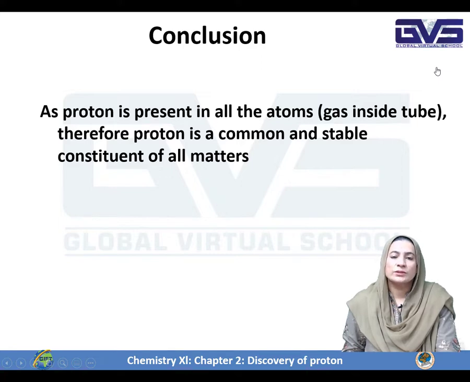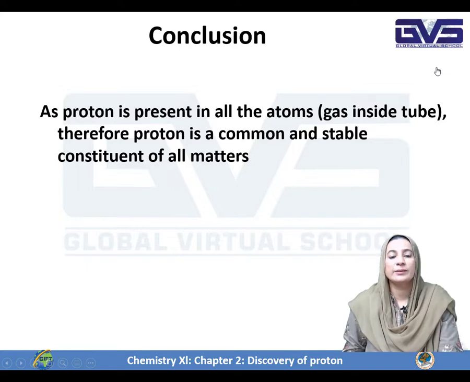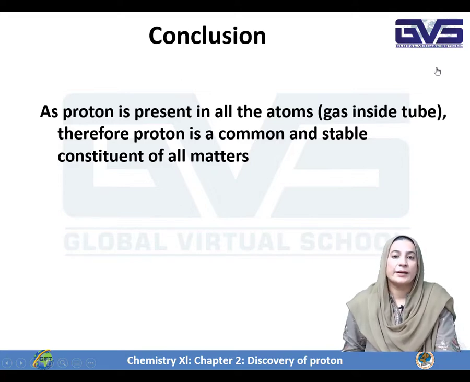The electron is almost massless. So the proton is a common and stable constituent of all elements, all matter, and the fundamental particle of all the elements. Only hydrogen contains just a proton and an electron, while all others contain electron, proton and neutron.